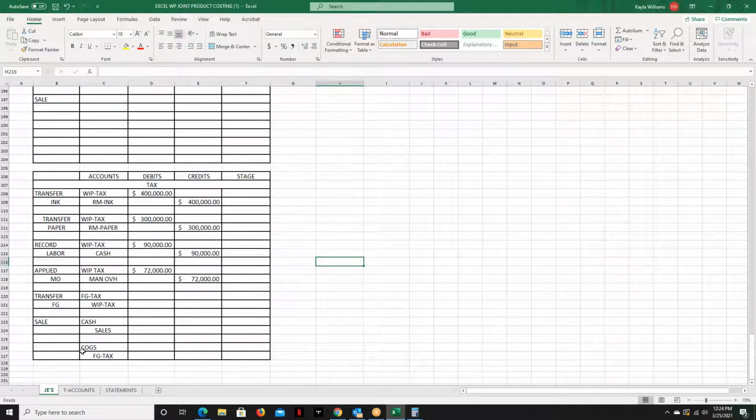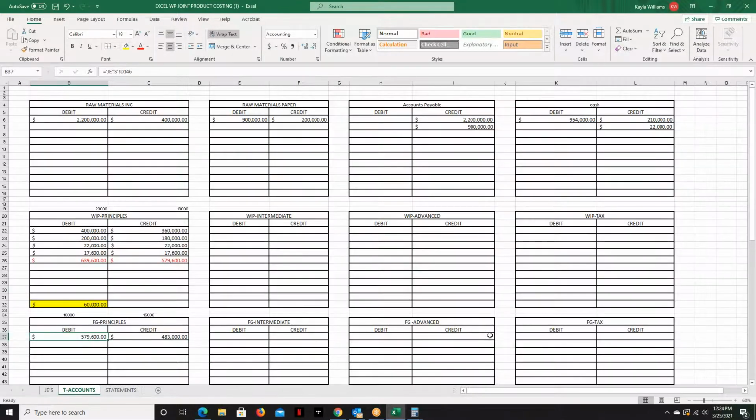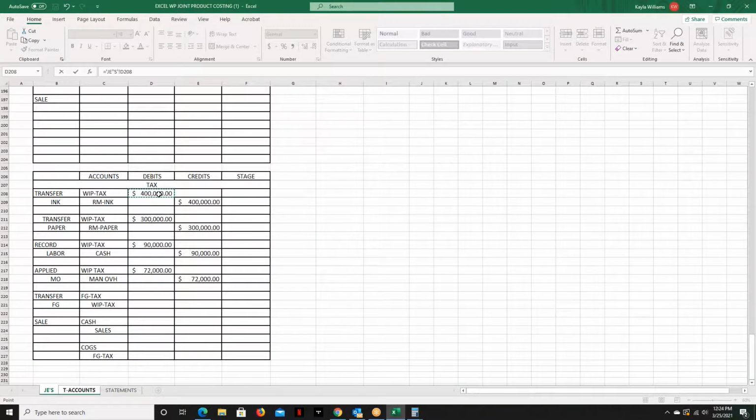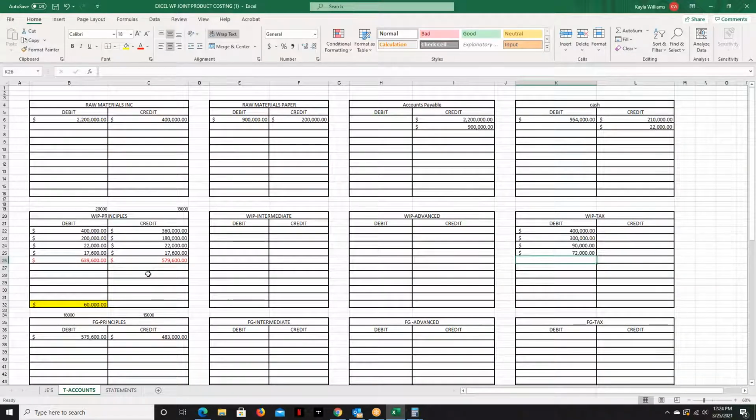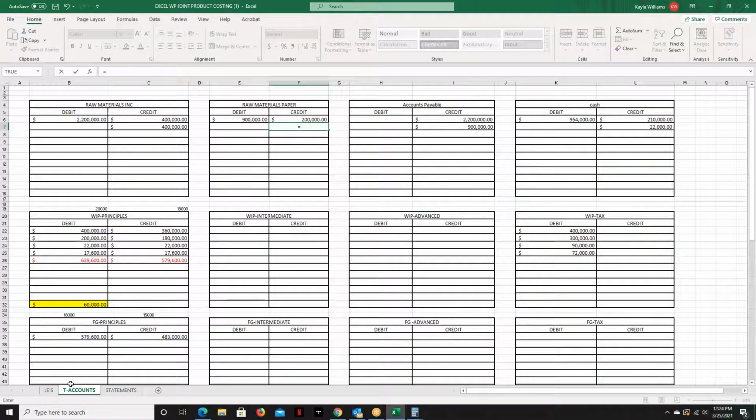We should probably post these. Labor's pay in cash.